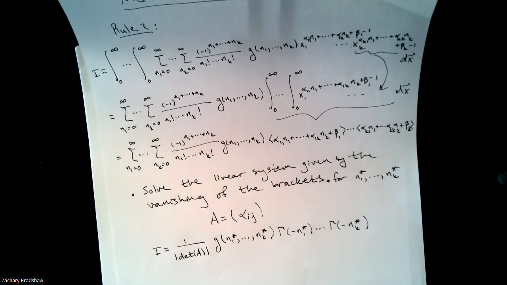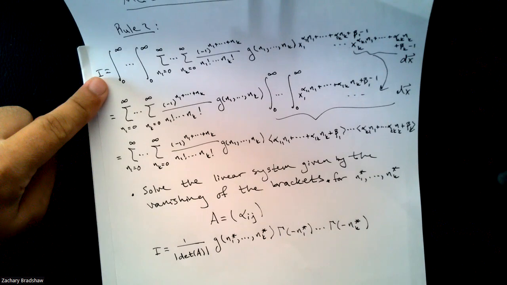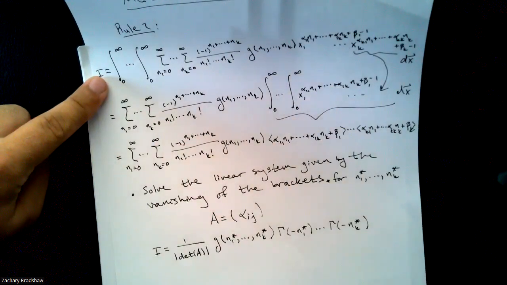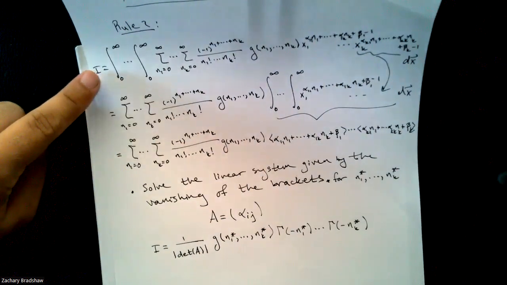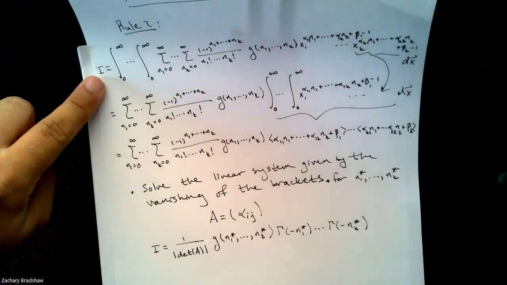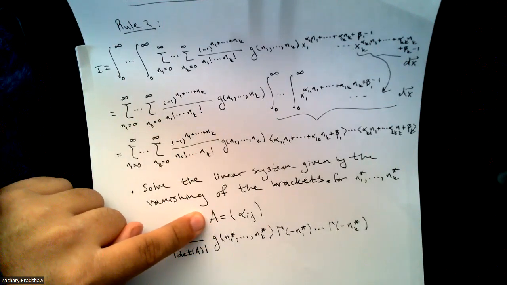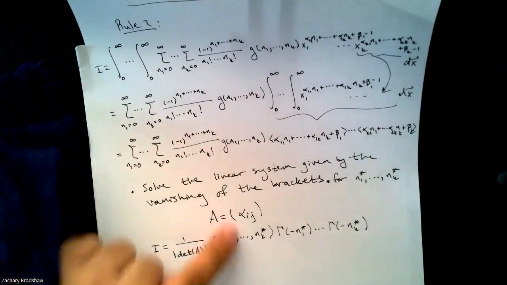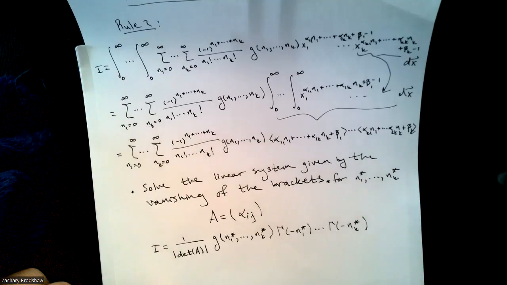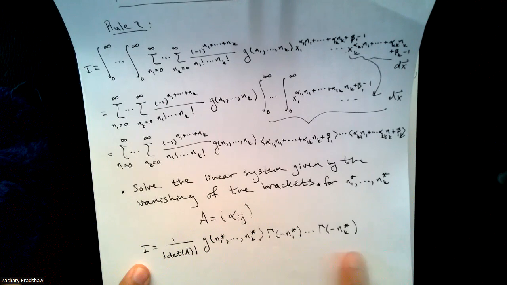And that's it. So the evaluation of this integral, this horribly complicated integral in general, is transformed into the solving of a linear system, which can be done by a computer easily, I'll add. And the solution is just given by this formula here.